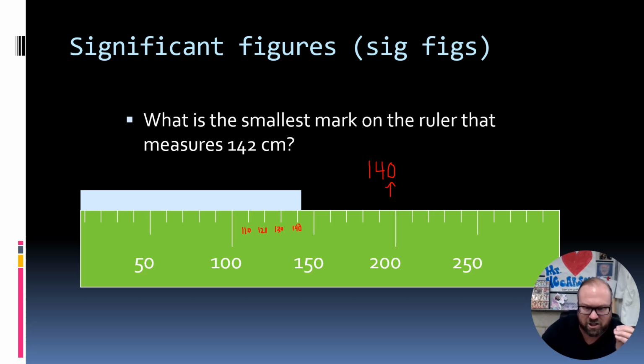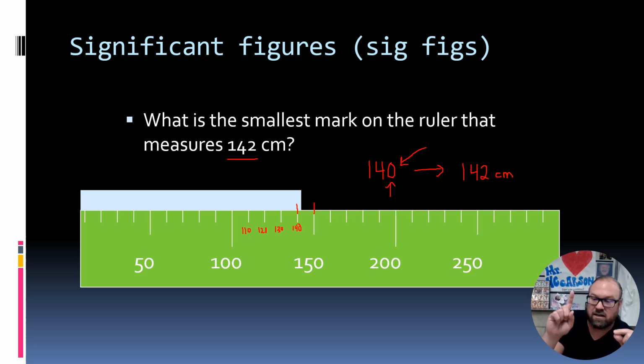So what we're going to actually do is we need to get rid of this 0 and change the 0 to an estimate. Now, if we take a look, it absolutely crosses 140, but it doesn't go to 150. And so we could estimate, and you might take a look at this and say, hey, when I estimate this ones position, it's about 142 centimeters. Okay? Now, that means that this ruler would actually be appropriate to get this measurement, right?